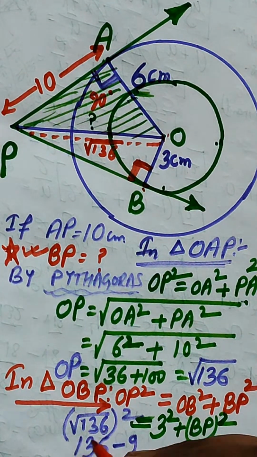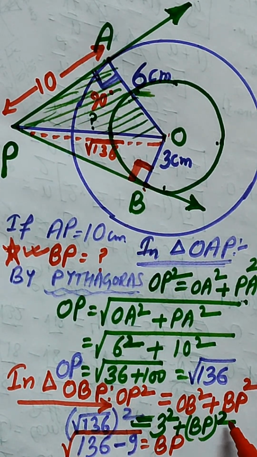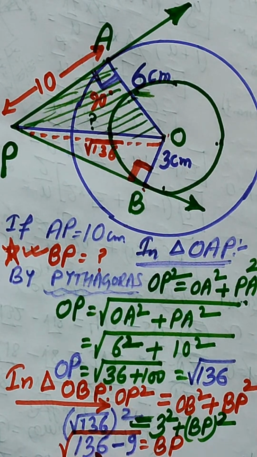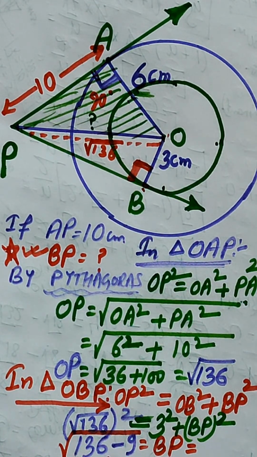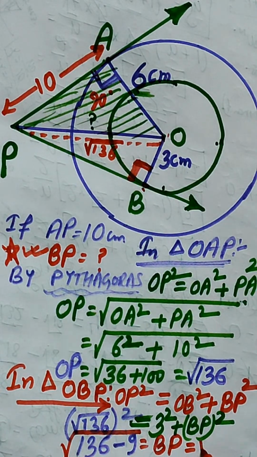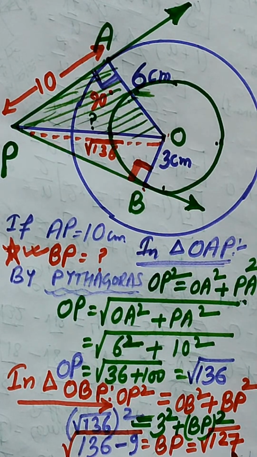And when you take the root of this, it will give you the length of BP, because BP square value is 136 minus 9. Then BP is root over of 136 minus 9. So 136 minus 9 is 127. So the length of BP is calculated as root over of 127.